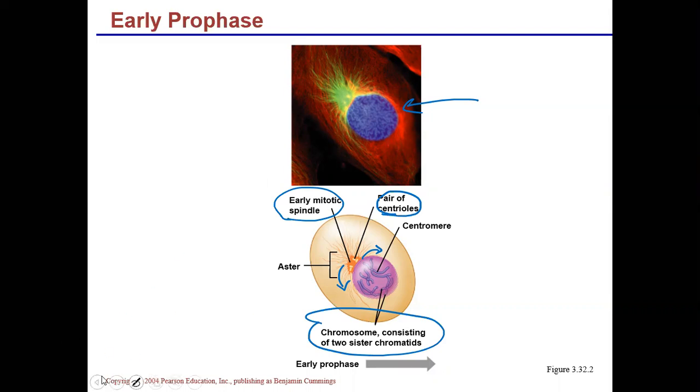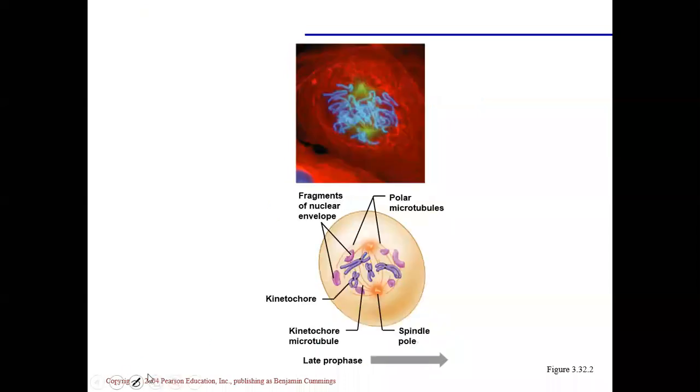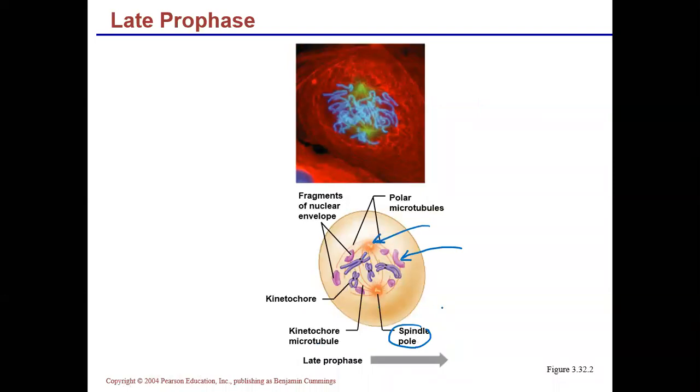Now, we're still in prophase. Towards the late prophase, the nucleus is going to degenerate. You could see the nucleus is already degenerating. These are the remnants of it, the fragments of it. At this point in time, the spindle centrioles are completely opposite of one another, and they're generating the microtubules that we discussed.